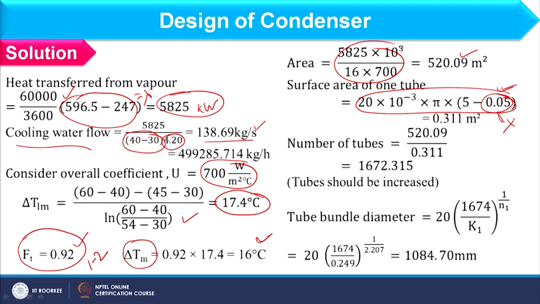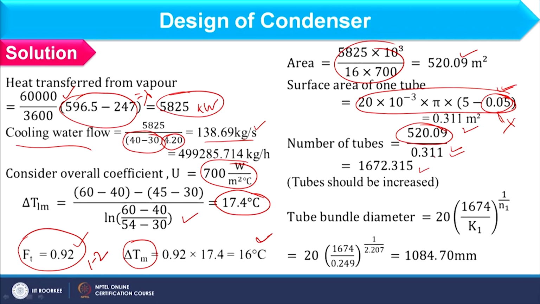Considering the effective length, we can find the surface area of one tube as 0.311 meter square. The total heat transfer area is given like this. Division of these two will give me 1672.3 number of tubes.